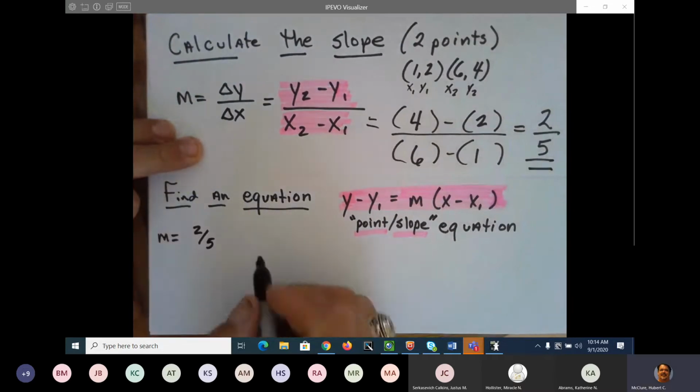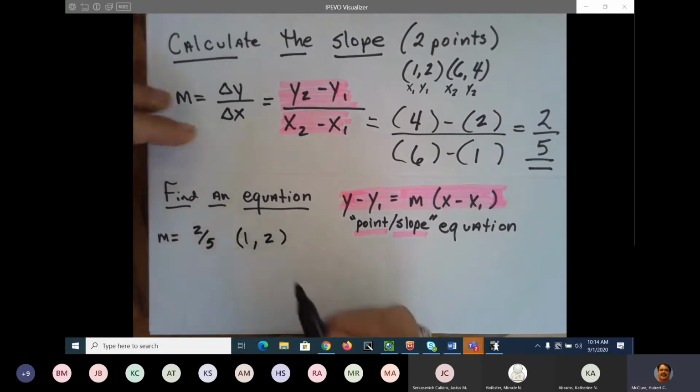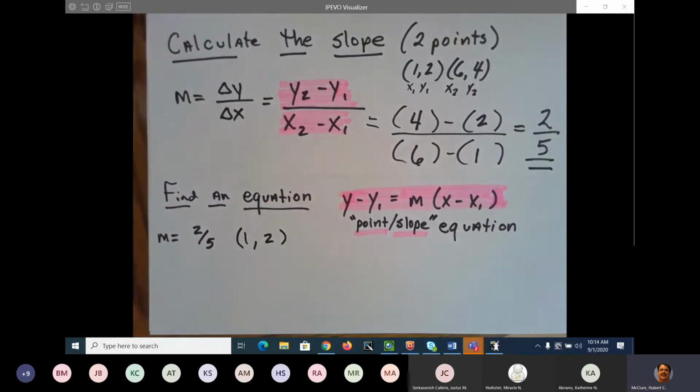And I'm going to pick a point, (1, 2). Now, why did I pick (1, 2)? I could have picked (6, 4). There's a method in mathematics called the KISS method. Can somebody tell me what the KISS method stands for?